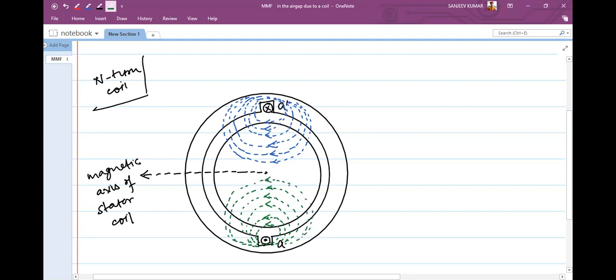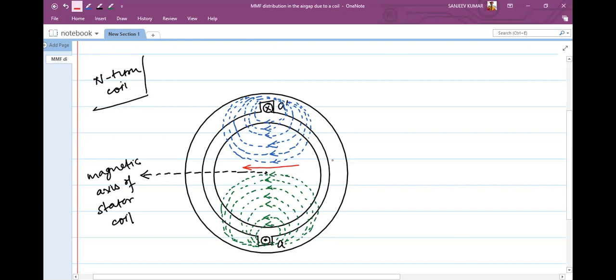Now, what we see is that if we talk about this air gap periphery, all the magnetic lines of force are moving from right to left of your screen.